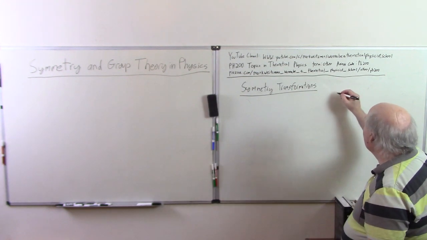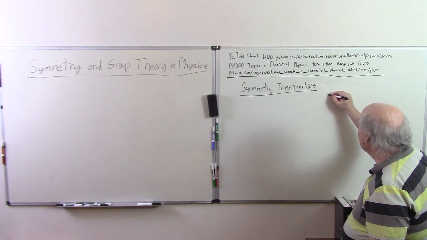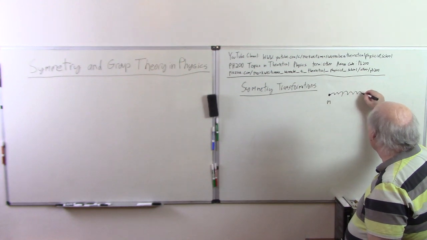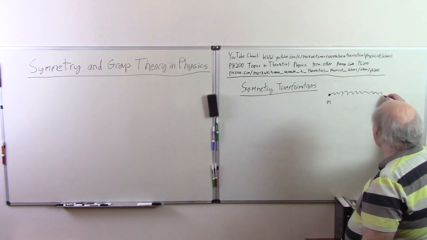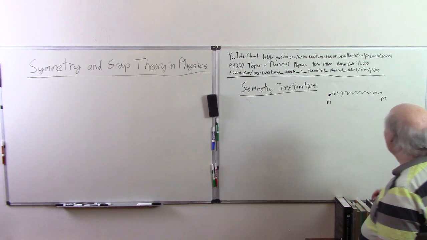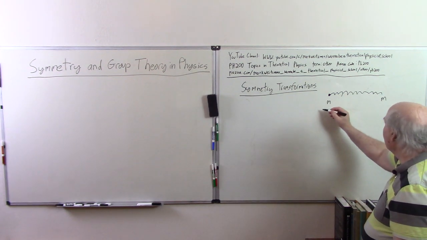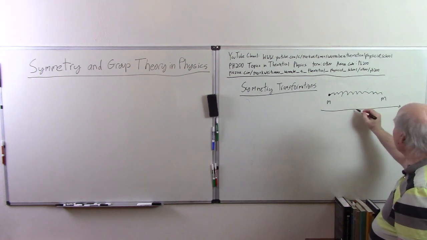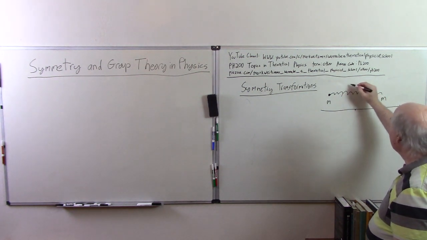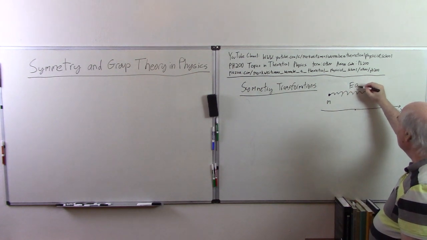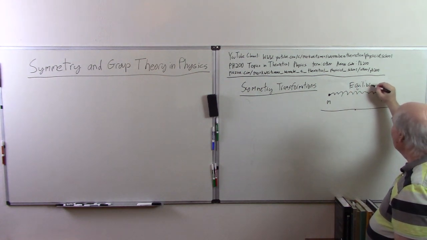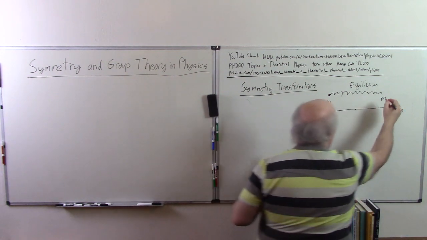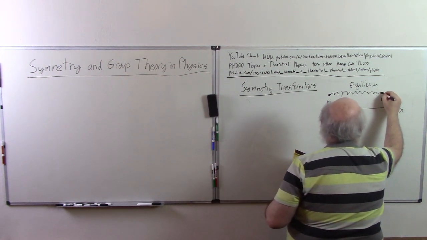So let's start with a simple system. We have a system with a mass m connected by a spring to another system with a mass m. And we're going to take our x-axis like this, and our origin, let's say this is the equilibrium position of the spring, equal masses.